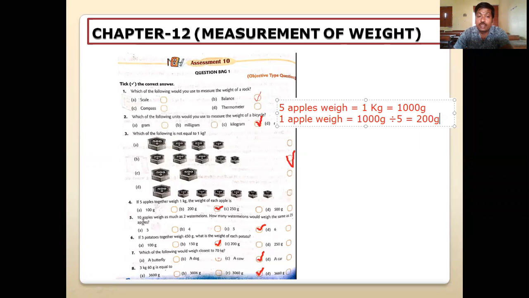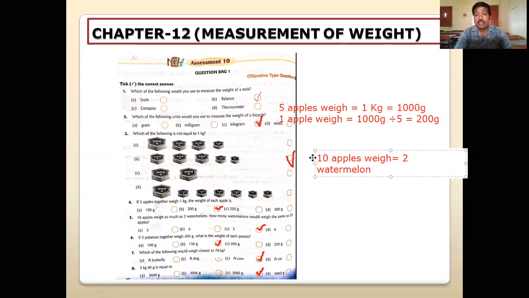And now another question: 10 apples weigh as much as 2 watermelons. What will be the weight of 25 apples?